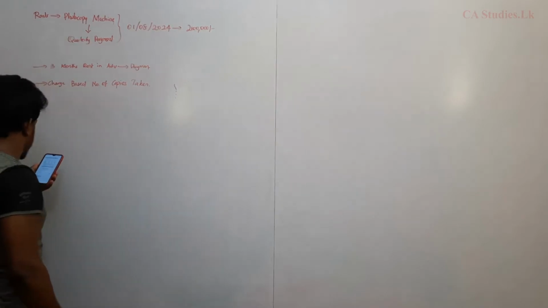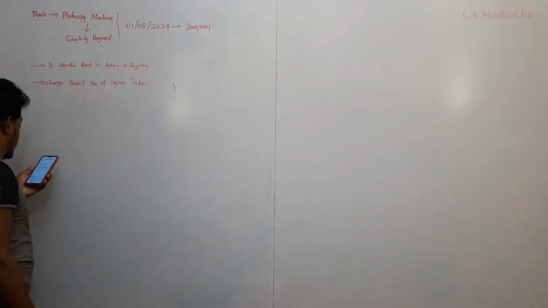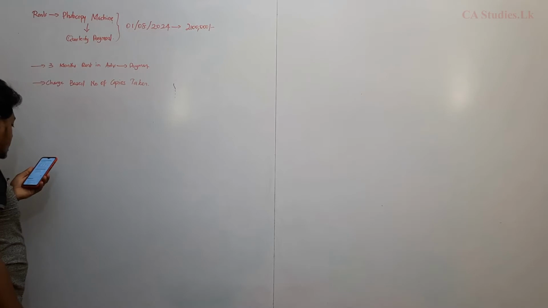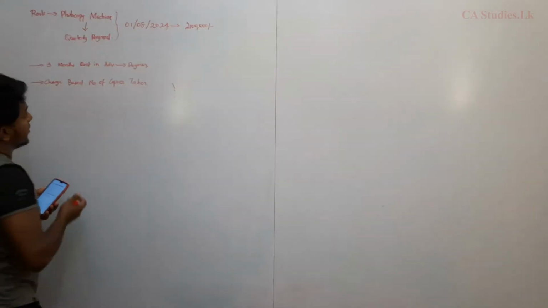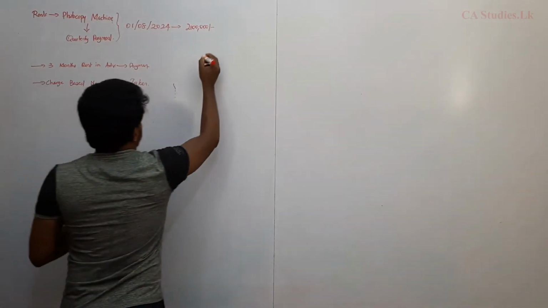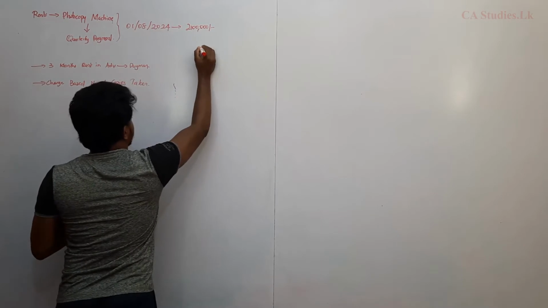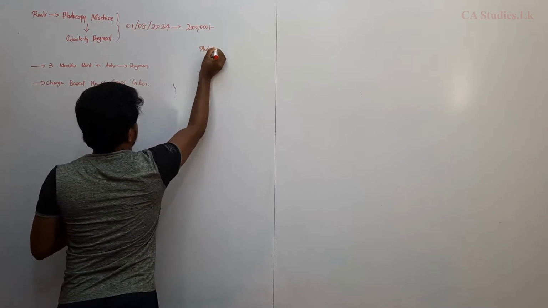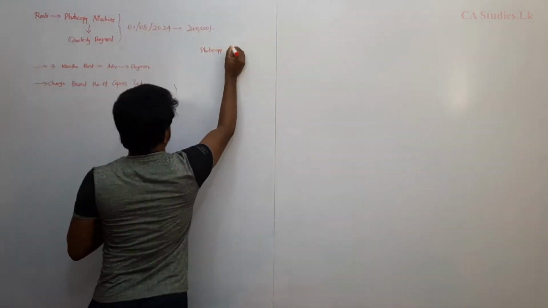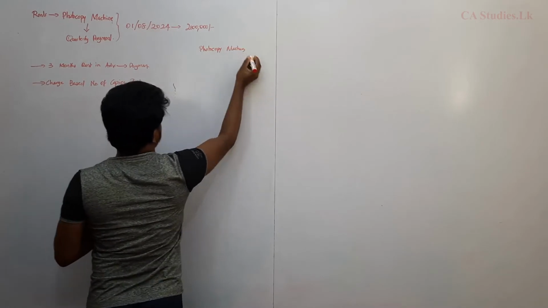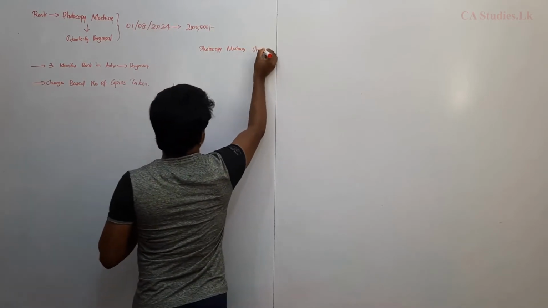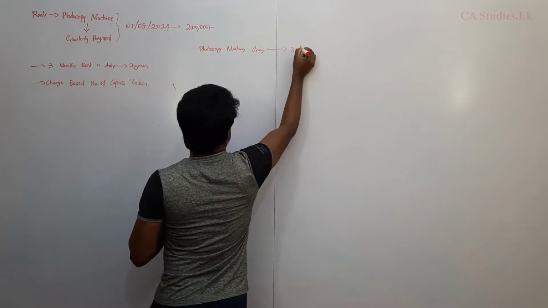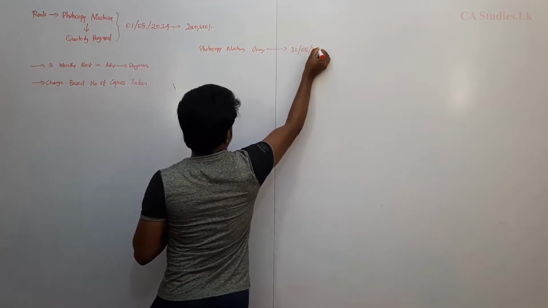First question is calculate the charge of photocopying expenses for the year to 31st August 2024. We have to calculate the photocopy machine charge to 31st August 2024.